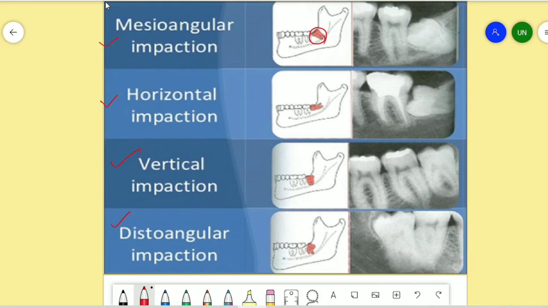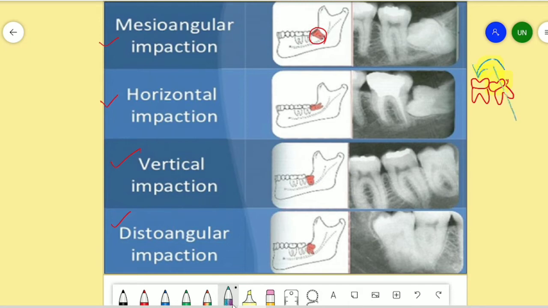You can see here the crown part is tilted mesially towards the second molar. Here is the second molar and here is your third molar. This crown part is tilted mesially.